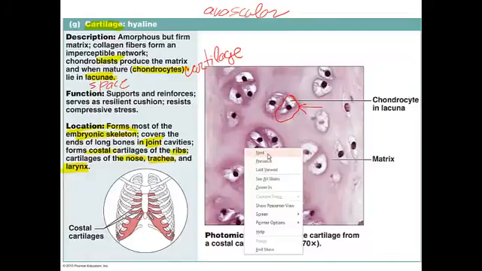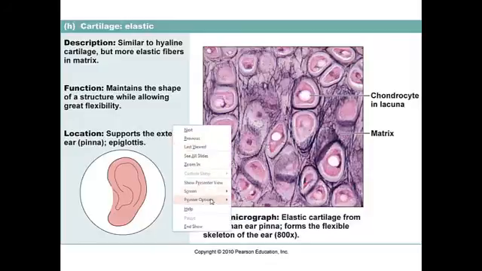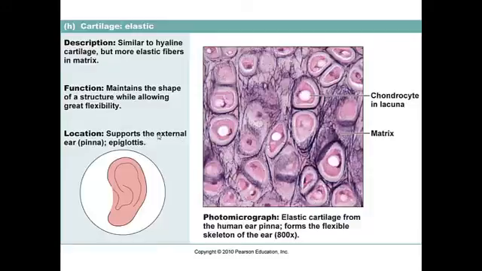Now our next example of cartilage is going to be elastic cartilage. And elastic cartilage is found in places where there's a lot more flexibility. The examples here to know are the external ear and also the epiglottis. Areas of the body, like the epiglottis, need to be able to bend very, very quickly.